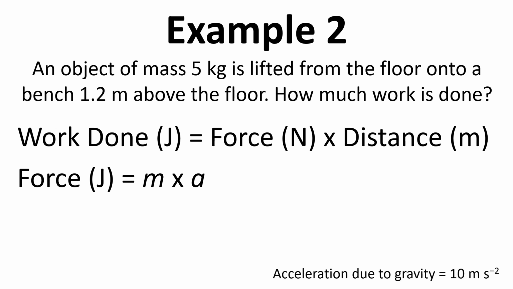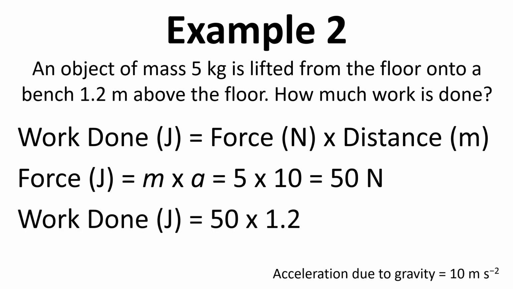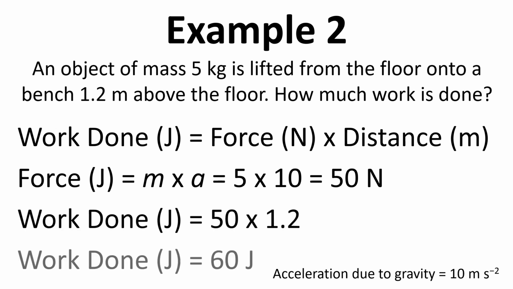So acceleration due to gravity we're going to take as 10 meters per second squared. And so we do 5 for the mass times 10, and we've got 50 newtons. So that's the force of gravity pushing down on the object, and we have to oppose that in order to move it up 1.2 meters. So the work done is 50 times 1.2, gives us 60 joules overall.